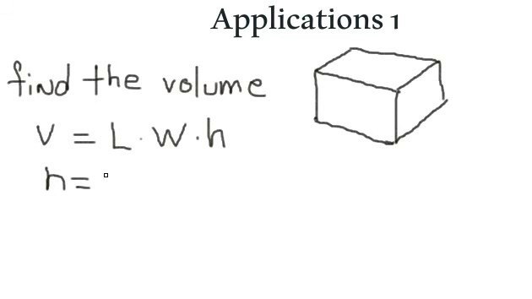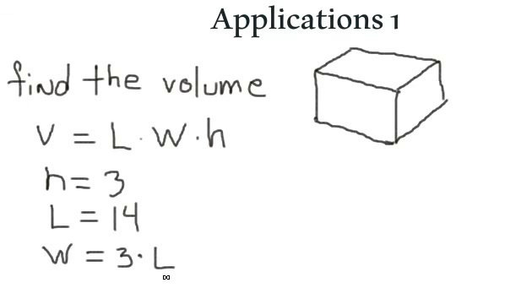The height of the box is 3 feet and the length is 14 feet, and the width is 3 times the length. So these are the things they give us, and of course this is the formula we're going to use.